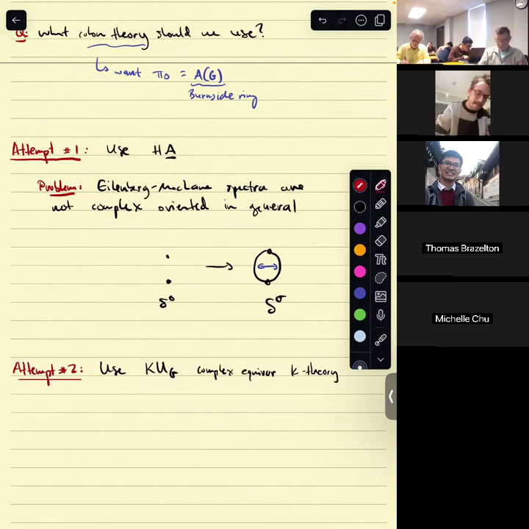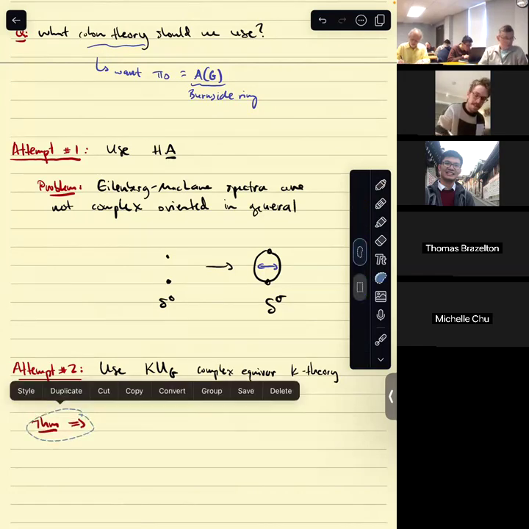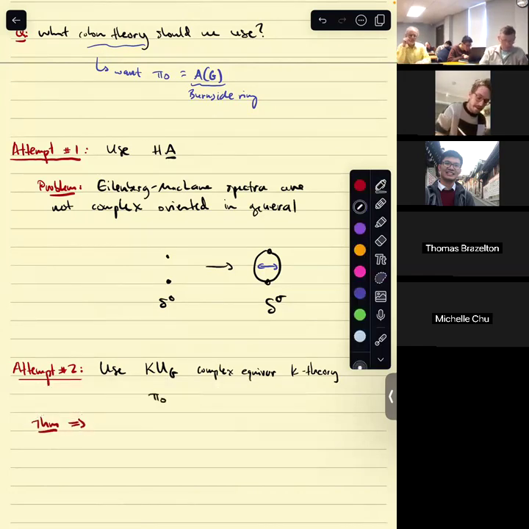Okay, so what does the theorem from before tell us? The theorem says I'm going to get something living in pi naught of complex equivariant K theory. And let me tell you what that thing is. If I take pi naught G of KUG, I'm looking at the equivariant topological K theory of a point. In other words, I'm looking at the G representation ring. And so the theorem is telling me, hey, I'm getting a well-defined answer in the G representation ring.